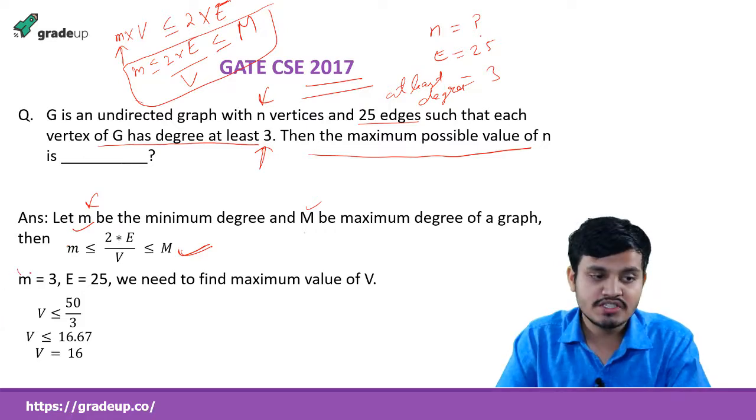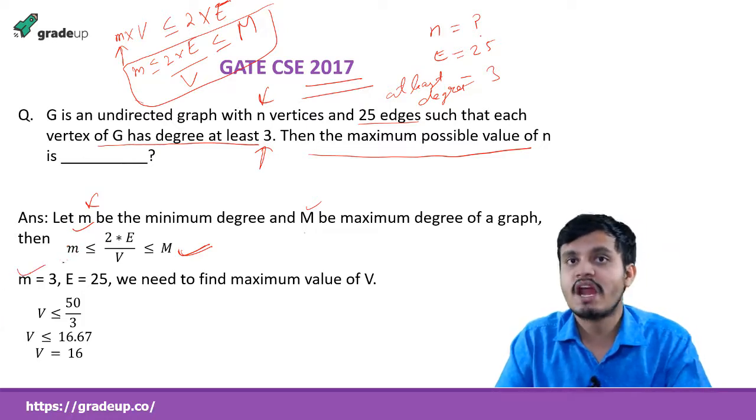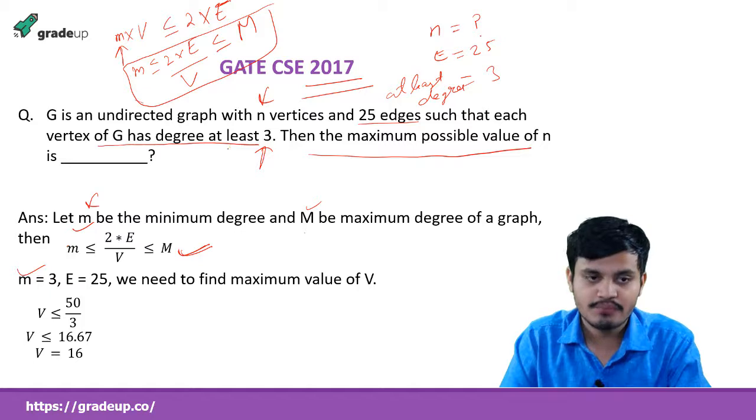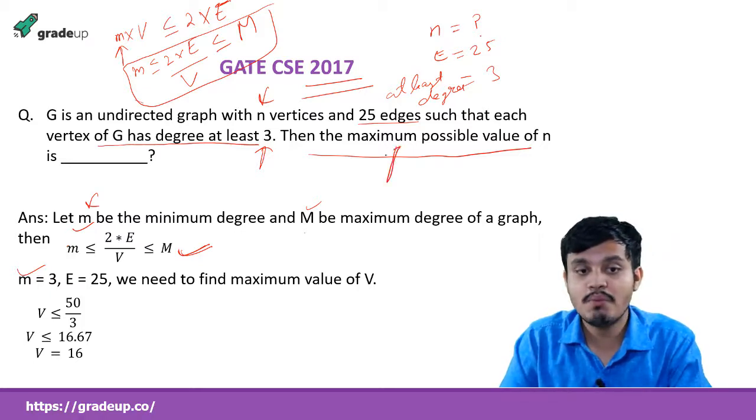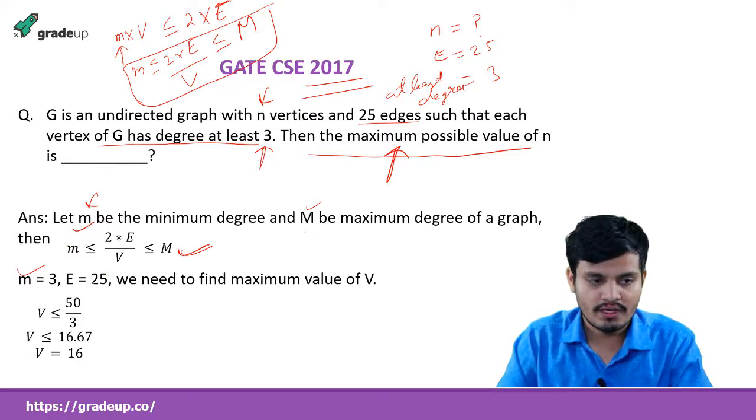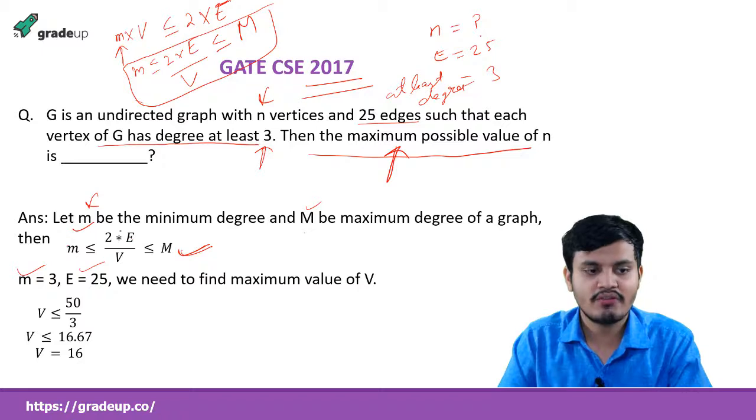Now what is m? m is equal to 3, the minimum degree, because every vertex should have degree at least 3. And the question is asking the maximum possible value of n. So n can vary, but it should be maximum. Okay. E is equal to 25. So when you put E is equal to 25 here, it will become 50 upon v, which we need to find. So do the cross multiplication here.